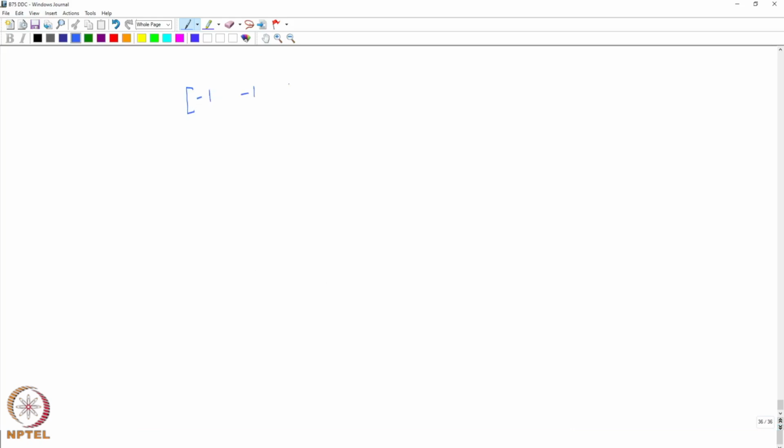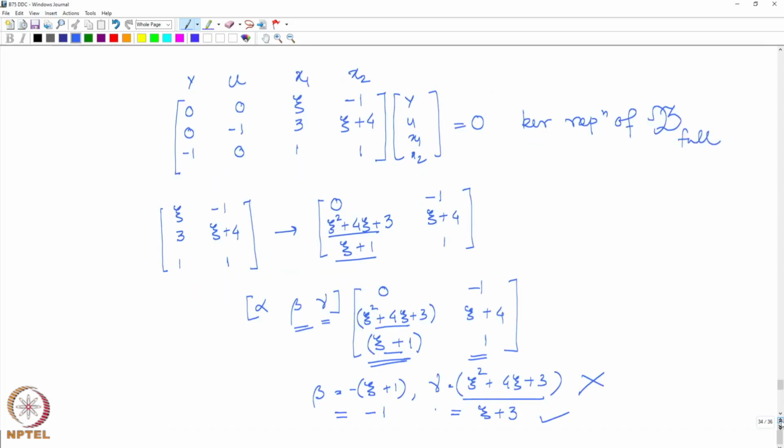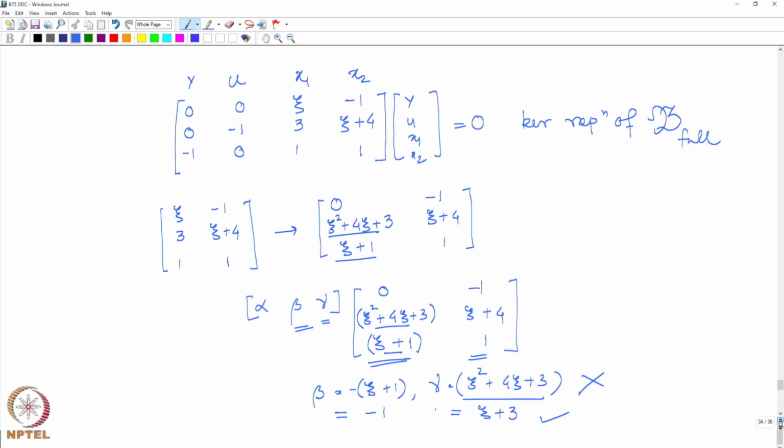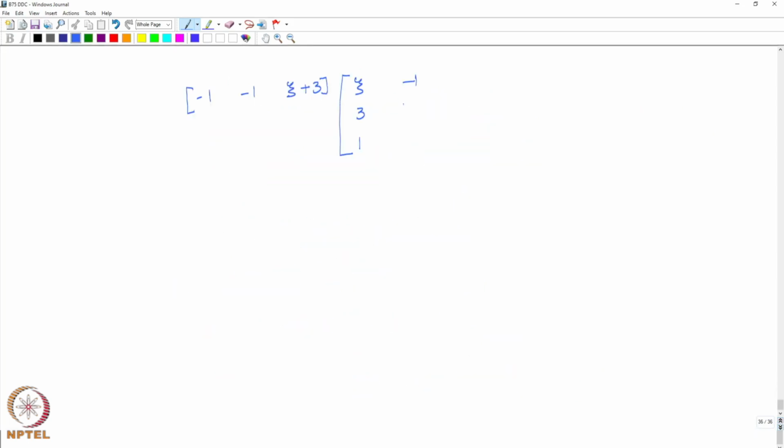Minus 1, xi plus 3. This should multiply with R2 and produce 0. What was R2? Xi, 3, 1 and minus 1, xi plus 4, 1. Let us check. The first product is minus xi minus 3 plus xi plus 3, which indeed is 0. So, the first one checks out.